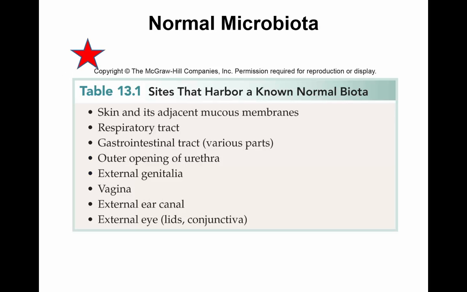If you look on page 357, you'll see table 13.1, where we have sites that harbor a known normal biota, like our skin and our mucous membranes, our respiratory tract, our GI tract, the external ear canal, the external genitalia. It's important to note when you look through this list that all of them are exposed to the external environment.